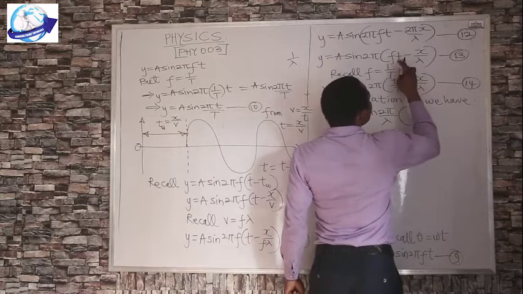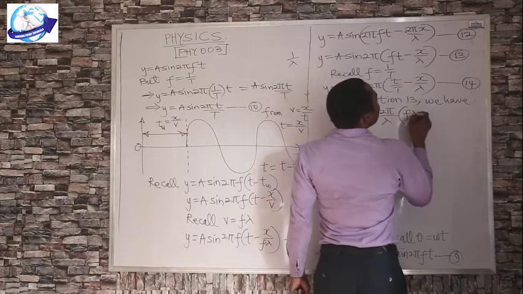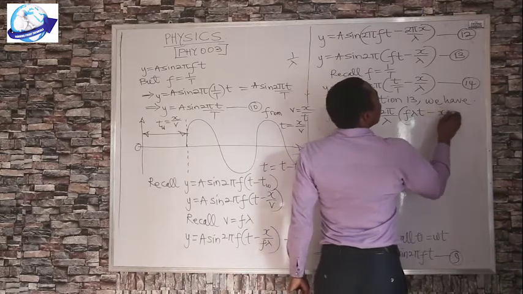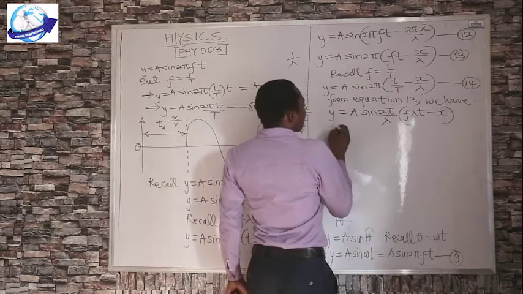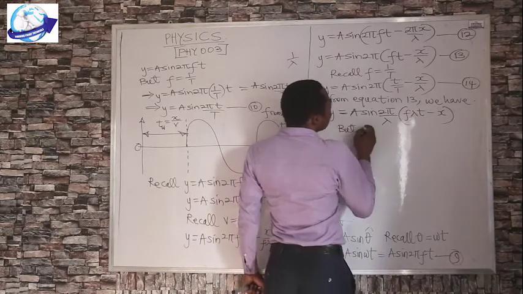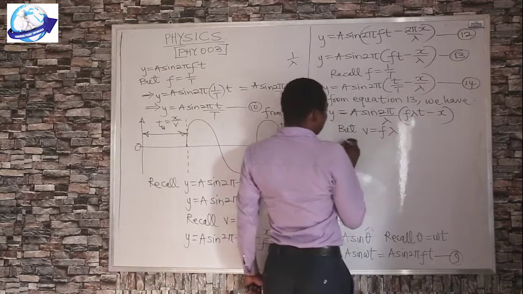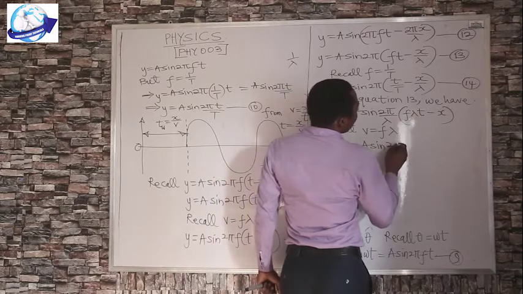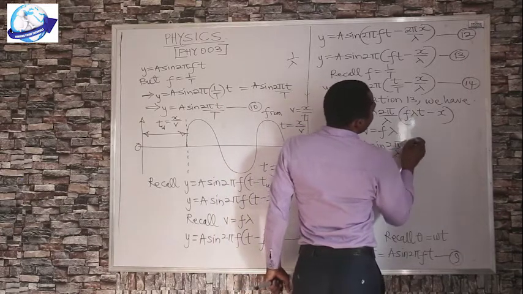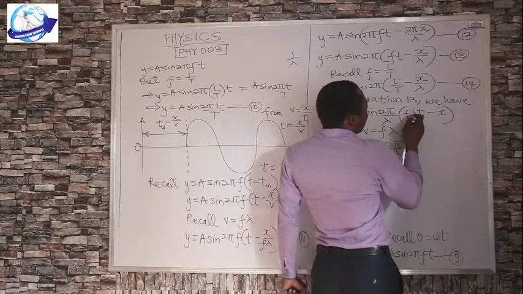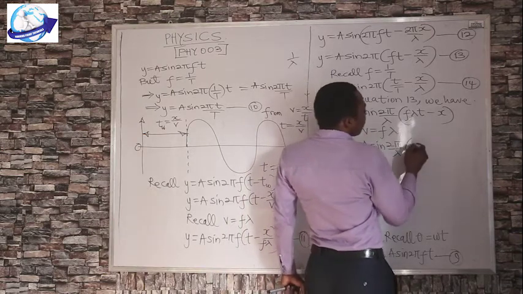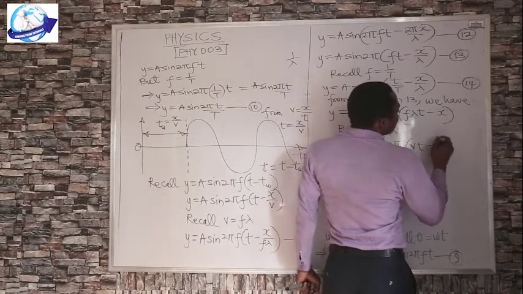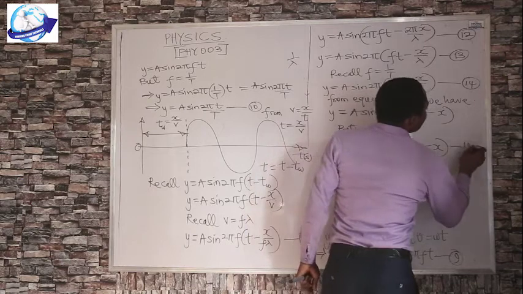From equation 13, you have f lambda t minus x here, and then consider that v is equal to f lambda. Therefore, y is equal to a sine 2 pi over lambda open bracket, where f lambda also means velocity, then you have vt minus x. This is equation 15.